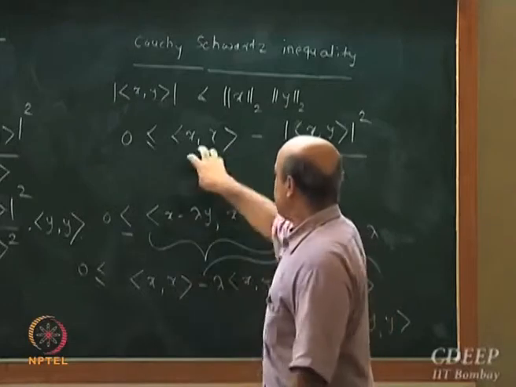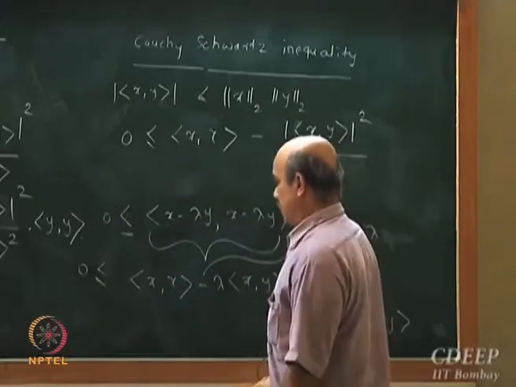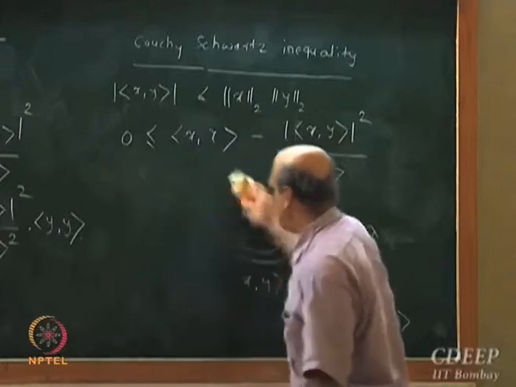Okay, so this minus this is always positive, and I am just doing algebraic jugglery now.